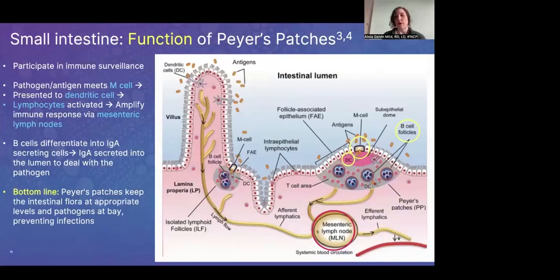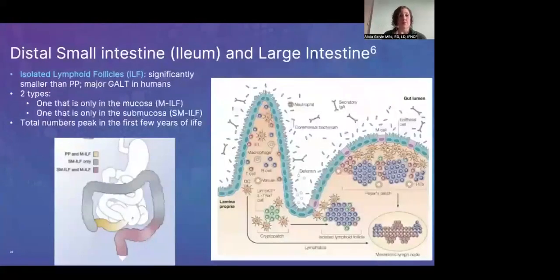When you have any of those inflammatory conditions, especially something like SIBO, where you have an overgrowth of bacteria and a lot of breakdown of the epithelial barrier, you could have disruption of the function of these Peyer's patches, which can make people much more prone to various pathogens, immune system dysregulation, and inflammation. So definitely be thinking about what's happening if somebody has a small intestinal inflammatory condition. What is it doing to that immune response?